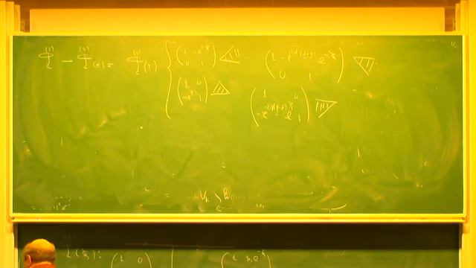S1 is minus 2i pi (alpha plus beta) sine pi (alpha plus beta), and S2 is minus 2i pi (alpha minus beta) sine pi (alpha minus beta). So these are jumps.